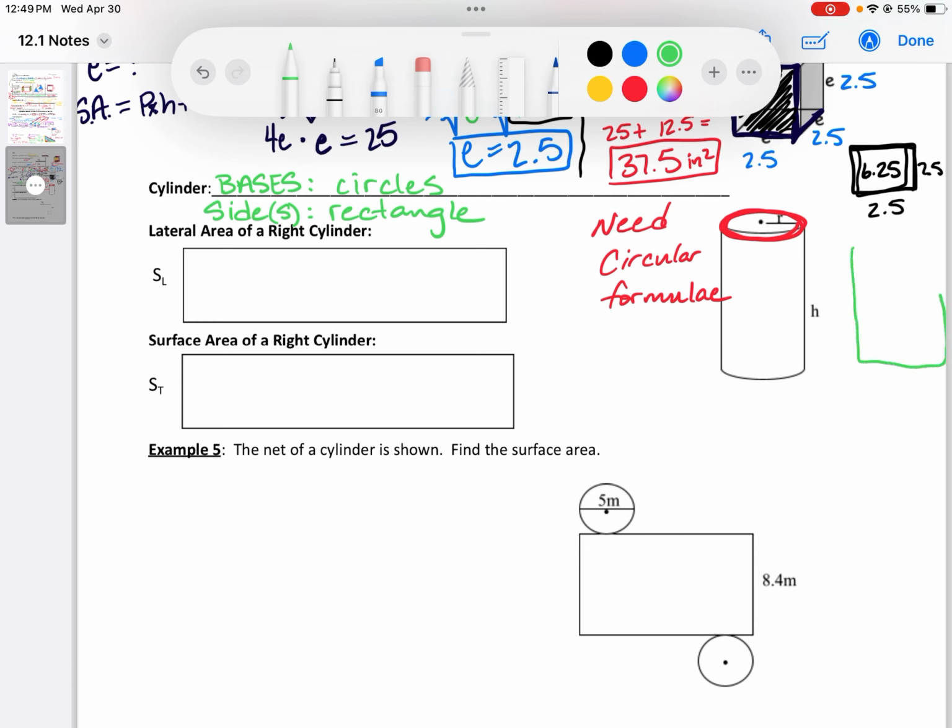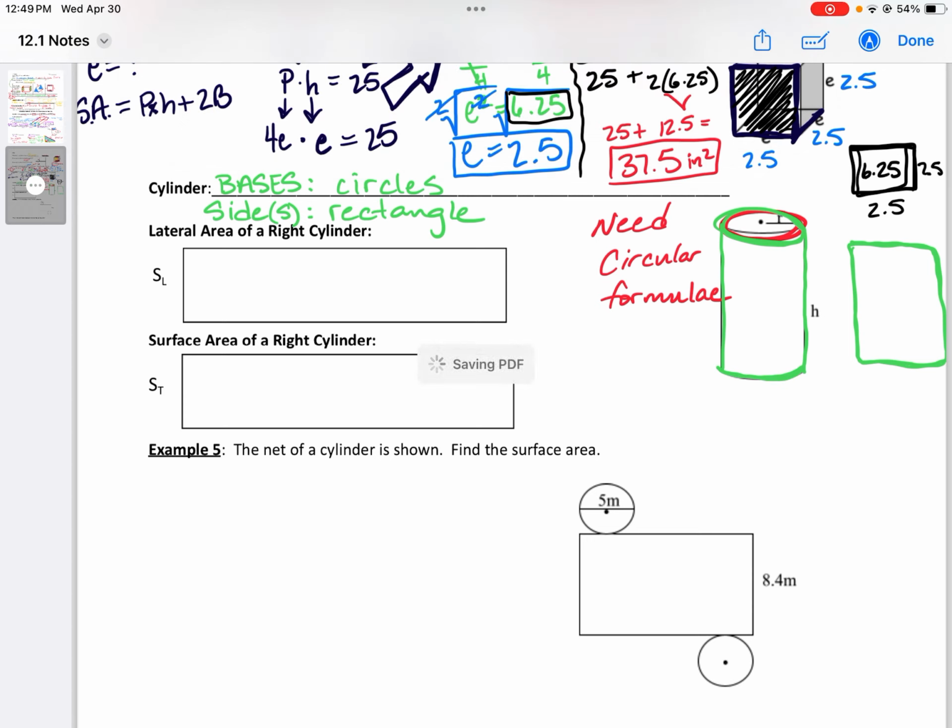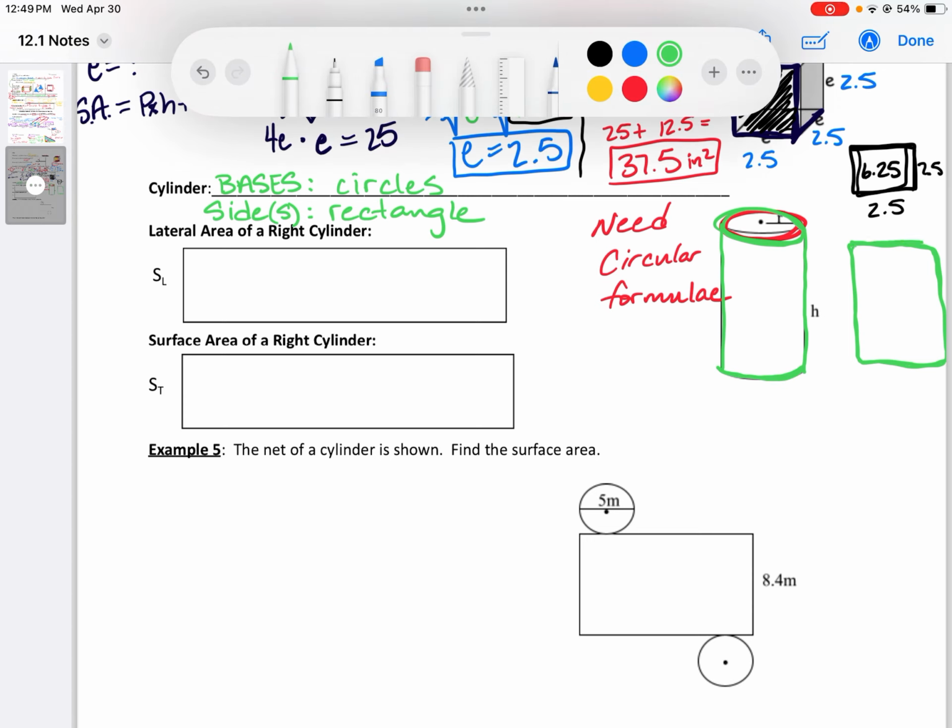If you're wondering how the side is a rectangle, think if you took a rectangular sheet of paper and you rolled it into a tube, it would create the walls or the sides of a cylinder. So maybe that will help you think about how the one rectangle makes all the sides of the cylinder.